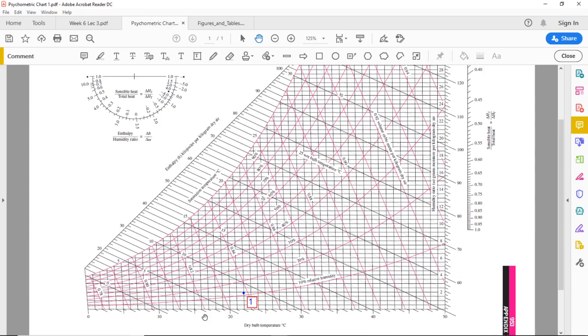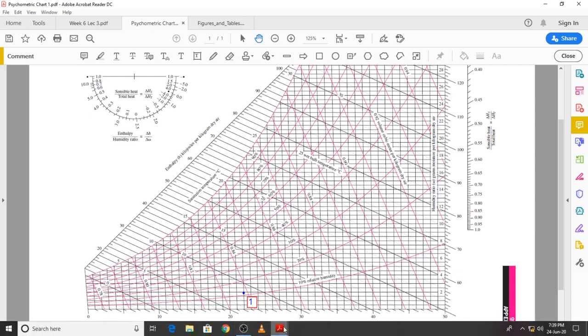m dot w is given to us in the problem statement, and so is the mass flow rate of dry air. Make sure you convert the values given in the problem into SI units, that is in kilogram per second of moisture and kilogram dry air per second of dry air. Then humidity ratio we have already found out from the psychrometric chart, and the only unknown will be W2.